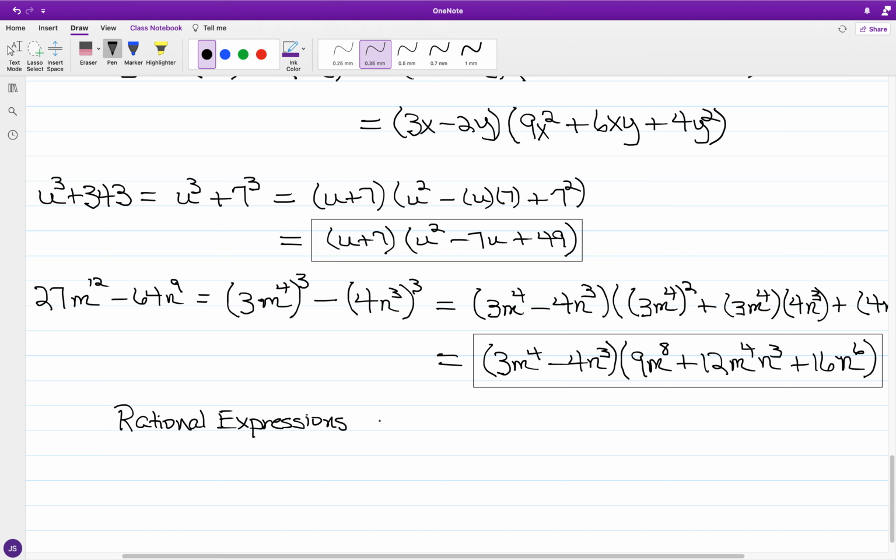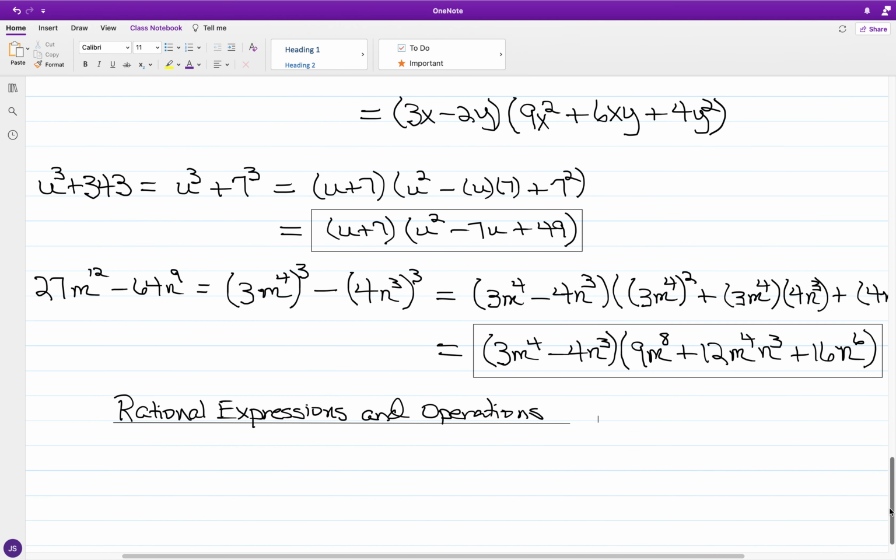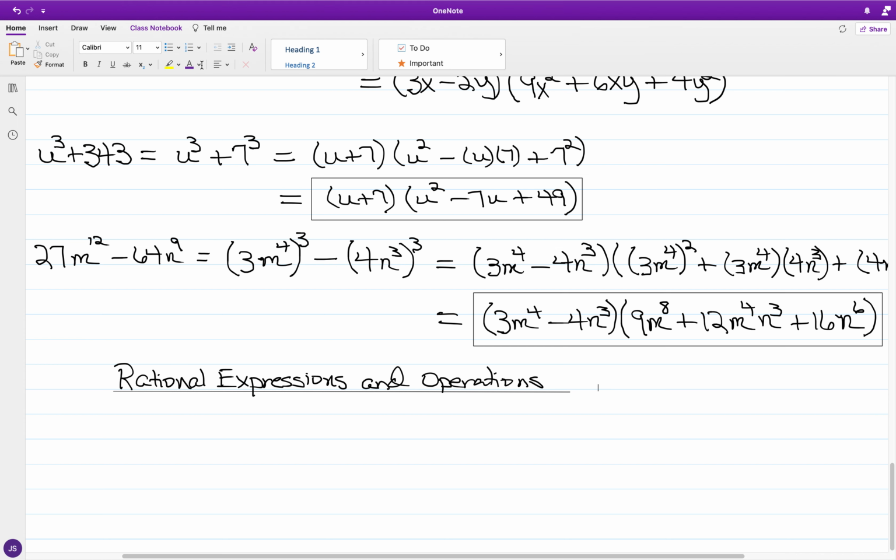I'll just call this part rational expressions and operations. And let's say that just as a case of working with rational expressions.